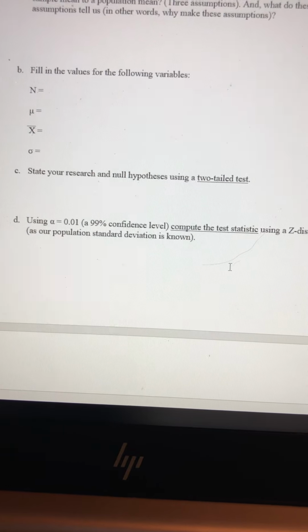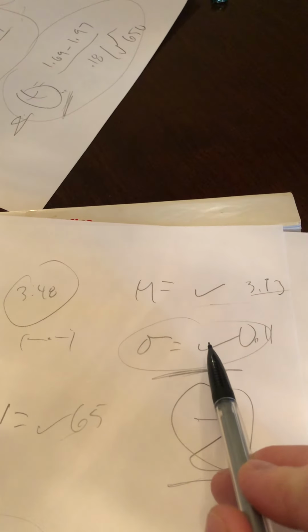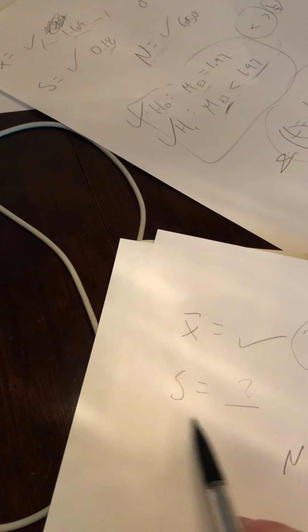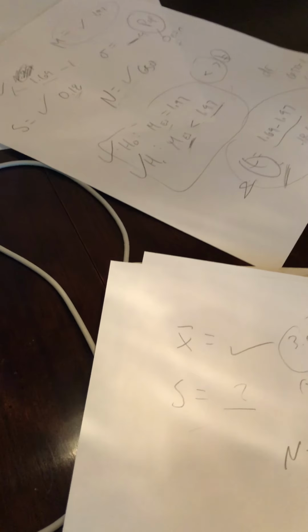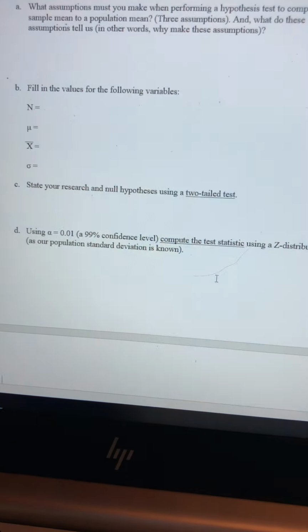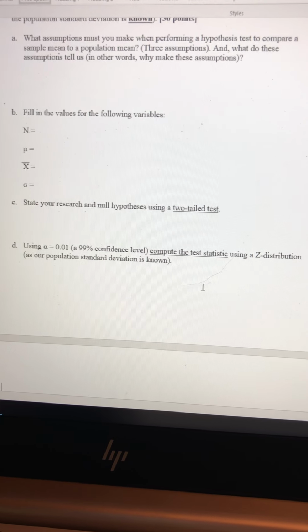I was trying to help you out by telling you to use a Z distribution, but I didn't even have to tell you that, because the fact that you knew your population standard deviation but didn't know your sample standard deviation means you know you've got to use Z. So, state the research hypothesis, and all right, we got that. Then using alpha equals 0.01, compute the test statistic using a Z distribution. Okay, that's easy.